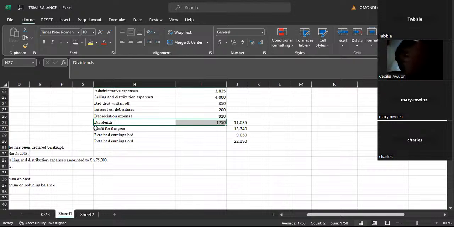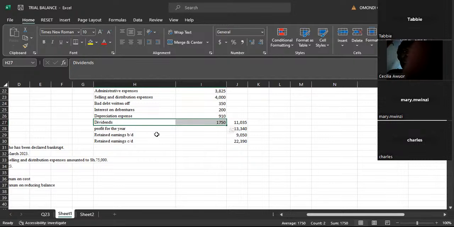But because we've placed our dividends there, before we get to the retained earnings carried down, we can reduce it by taking now the transfer to general reserves.